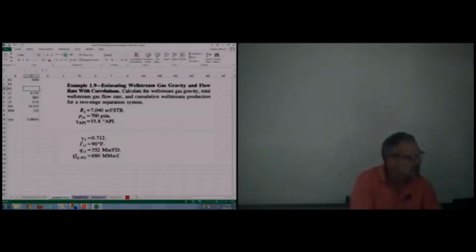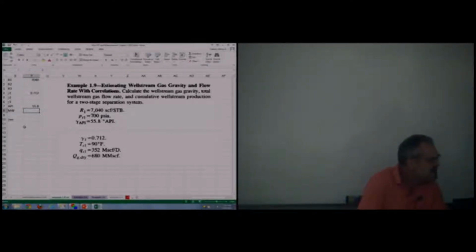See, it's the same problem. And we don't know gravity of 3. And this was an absolute equation. But I'm not going to use it anyway. And we know the API is 55.8. I don't need to know the molecular weight of the oil. This is good. We do know the API directly is 55.8 degrees API.